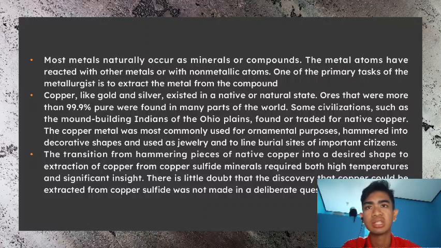Once extraction technique was developed and the use of native metal was not restricted, the transition from hammering pieces of native copper into a desired shape to extraction of copper from copper sulfide mineral required both high temperature and significant insight. There is little doubt that the discovery that copper could be extracted from copper sulfide was not made in a deliberate quest for copper.